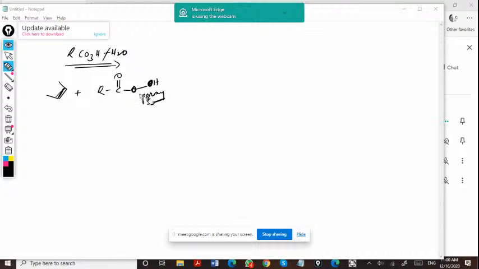That's why it is called peroxyacetic acid or peroxy carboxylic acid or per acid. This oxygen is called the proximal oxygen, which is proximate, I mean near. This oxygen is called the distal oxygen.